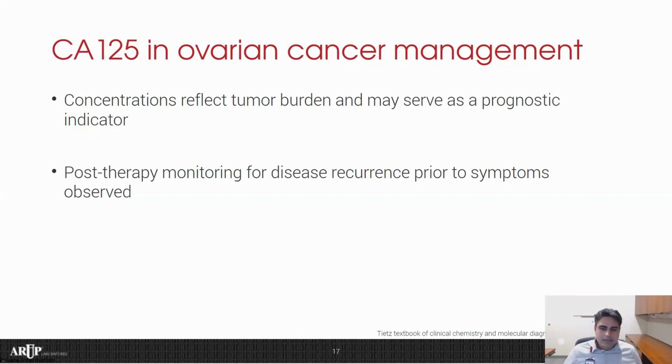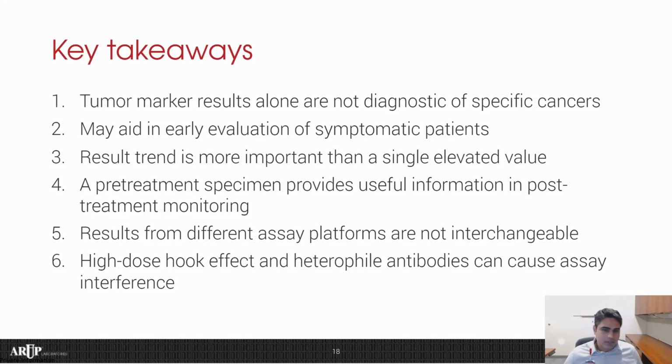So now let's wrap up with a few key takeaways. So the first one is tumor marker results alone are not diagnostic of specific cancers, but they may aid, and the key word is aid, in early evaluation of symptomatic patients. The third point is results trend is more important than a single elevated value.